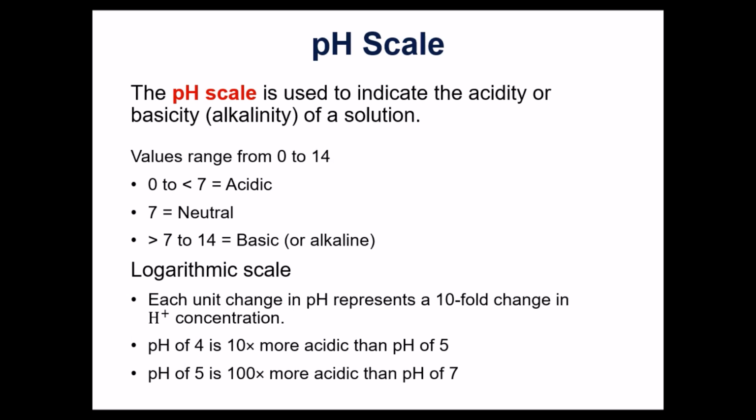But if you compare something that's pH 5, which is acidic, with something that's pH 7, such as pure water, that's neutral, you could say that the pH 5 solution is 100 times more acidic, even though they're only 2 steps different on the pH scale. There are 100 times more hydrogen ions in the solution with pH 5.